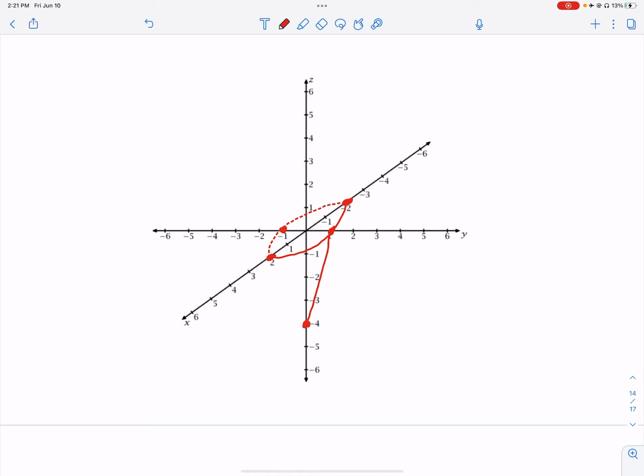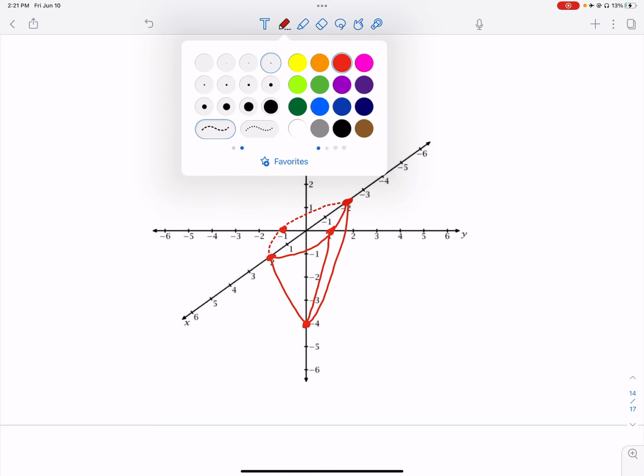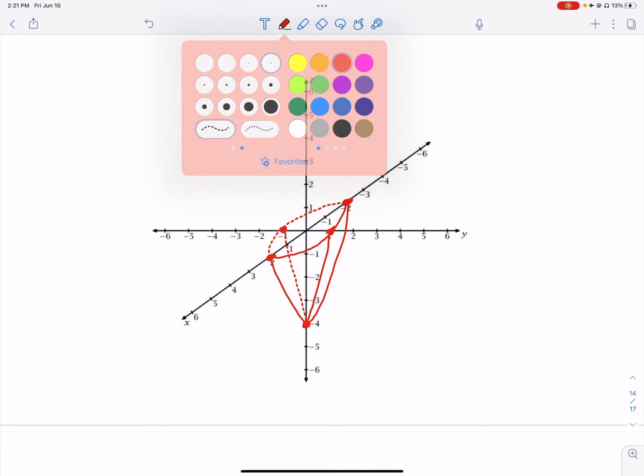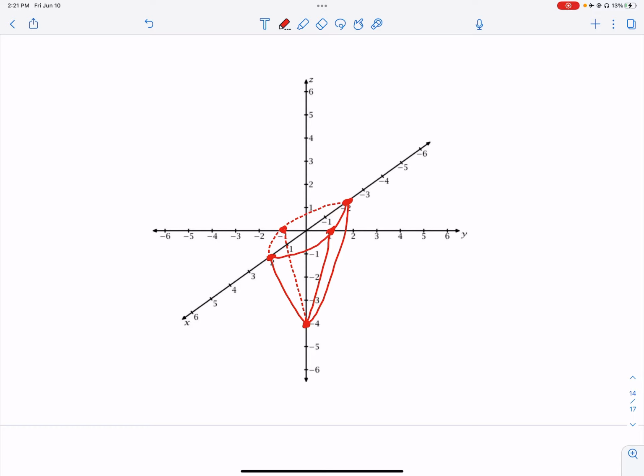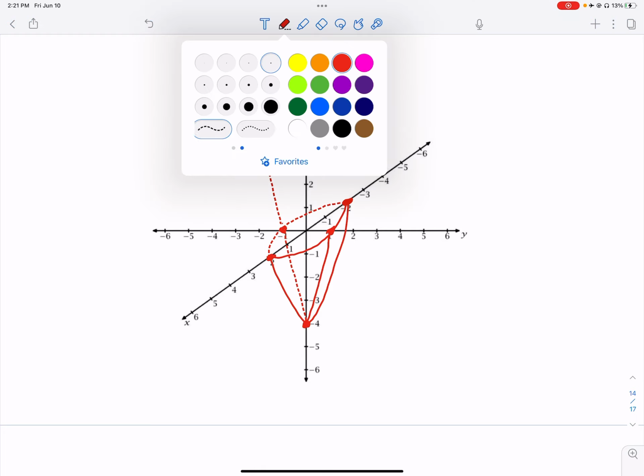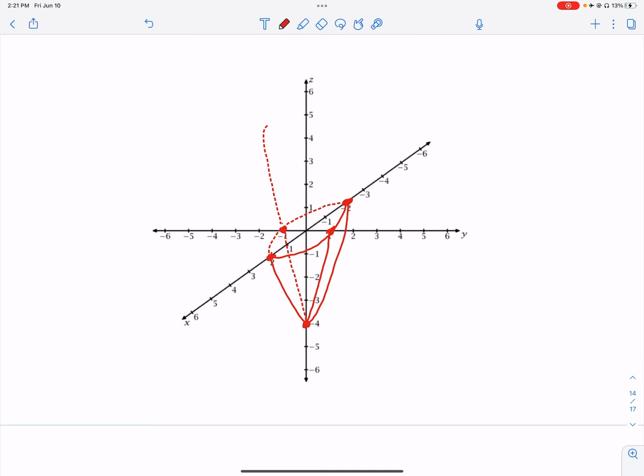Okay, so I get that. Then we have this going up like that. And they do go on, right? I should have done that. Oops. Now while I'm here, I'll do this one. They do go on forever, like a parabola would, in each direction.